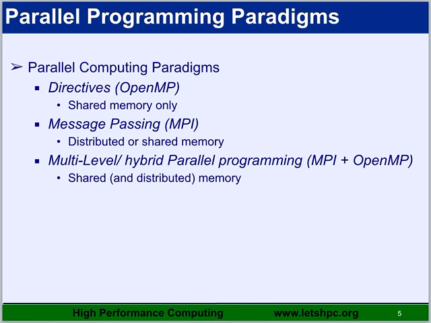The first one is instruction level, the second one is thread level, which is what you learned while doing shared memory programming, and the third one is the node level. When you combine all these things together, that is instruction level, thread level, and node level, that is something which we can refer to as hybrid parallel programming.